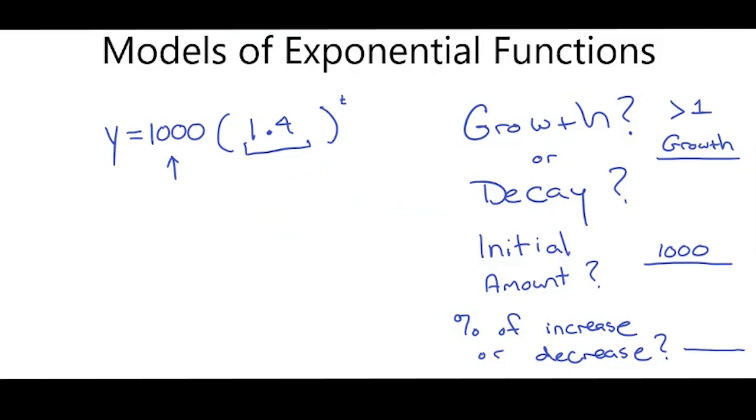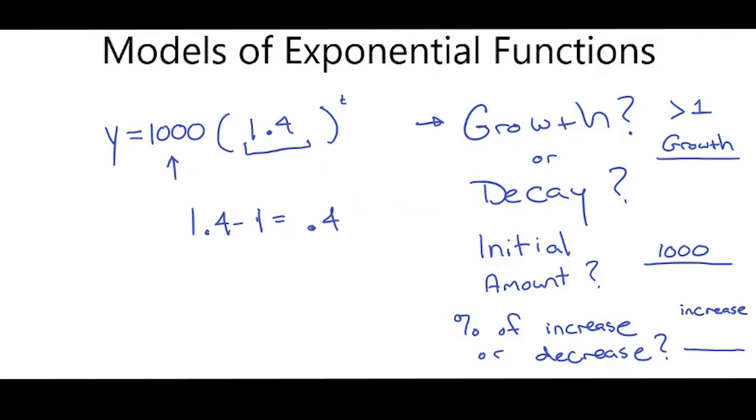Now I need to know, how much does this increase or decrease? Well, we know it's a growth function. So with a growth function, that's going to be an increase. We just need to know, how much does it increase? So I need to find out how far 1.4 is from 1. I will do 1.4 minus 1, and the answer is 0.4.